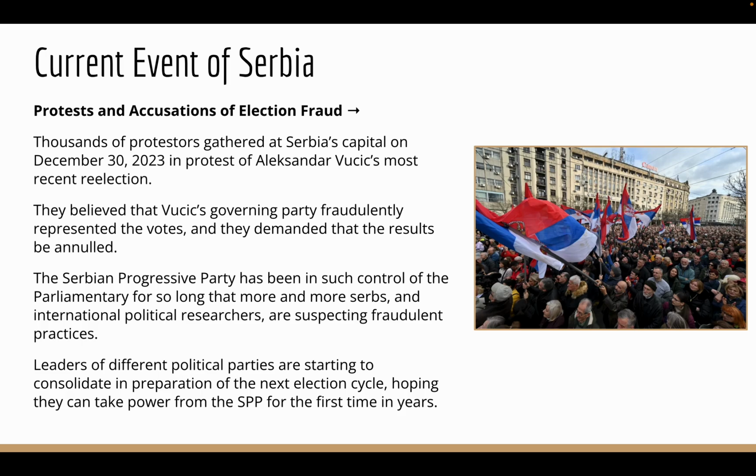The Serbian Progressive Party has been dominant over all other political parties in Serbia for so long that more and more Serbians and even political researchers from places other than Serbia are suspecting that they are fraudulently counting the votes in order to stay in power in Serbia.